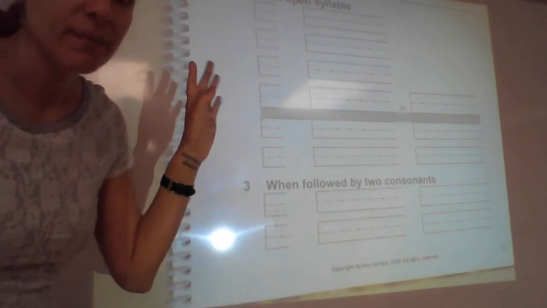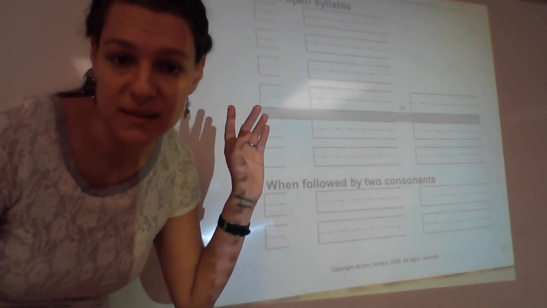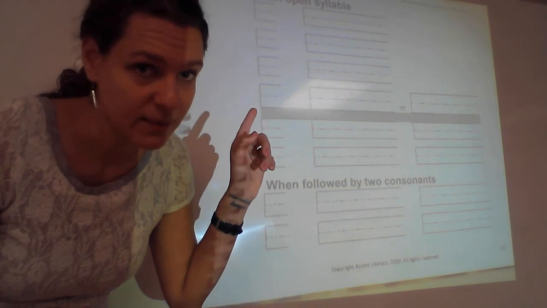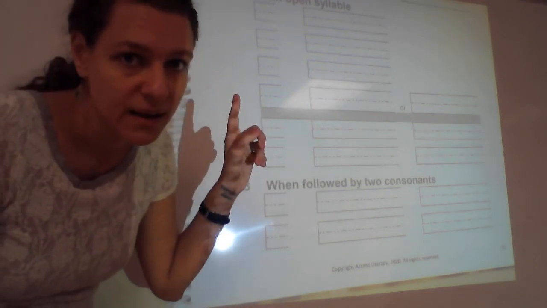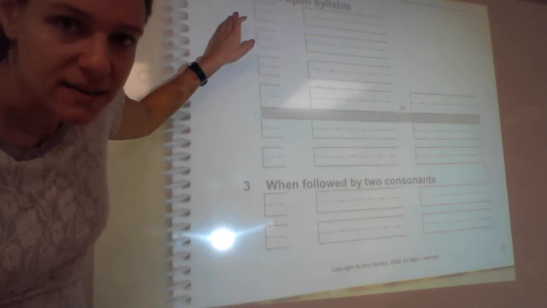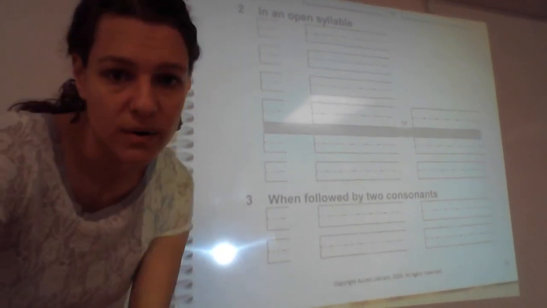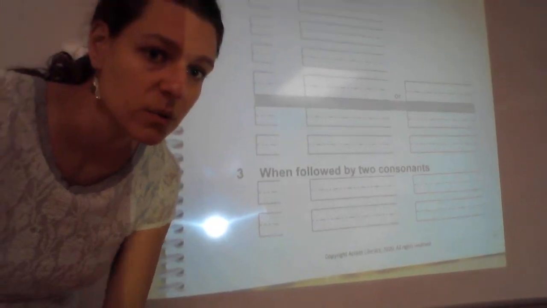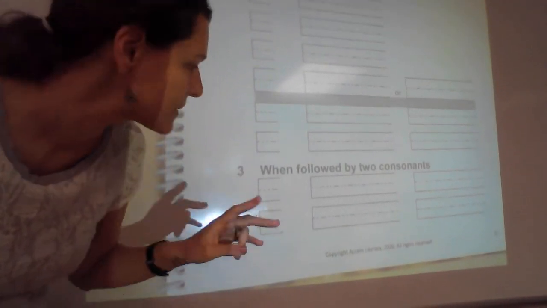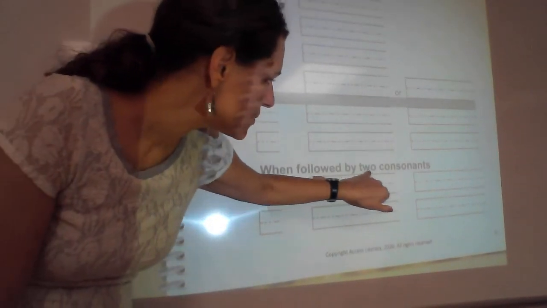All right, so our most common way our vowel says its name is with a what? Good, with a silent final E. The next one is, you can just barely see it, good, in an open syllable. And those work for all of our vowels. Our last rule only works for 2 of our vowels. And it says when followed by 2 consonants.